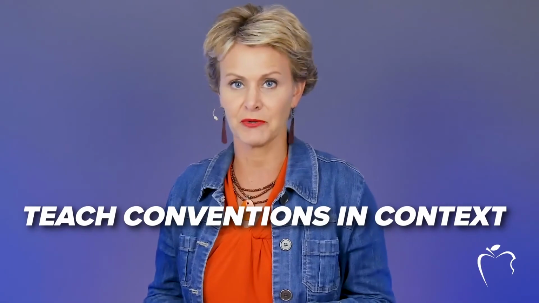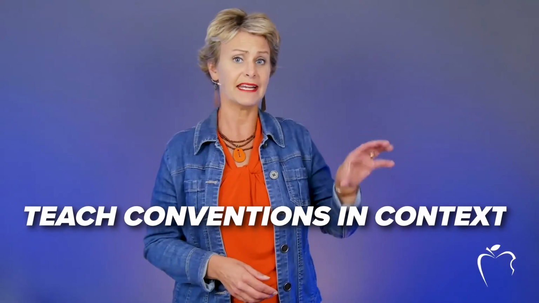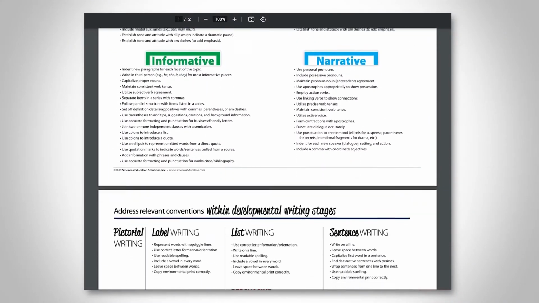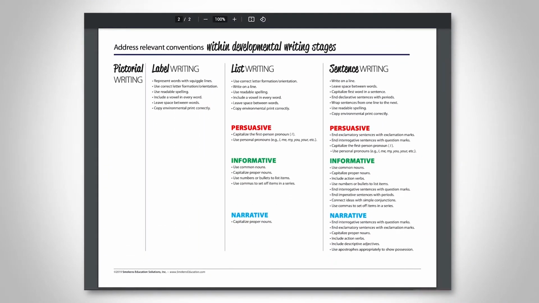This helps ensure that you're teaching grammar and mechanics within the writer's workshop and not separating and isolating it outside the writer's workshop. For a starter list of suggested conventions tied to different writing units, you can download the printable document that is embedded in the print article that corresponds with this video.